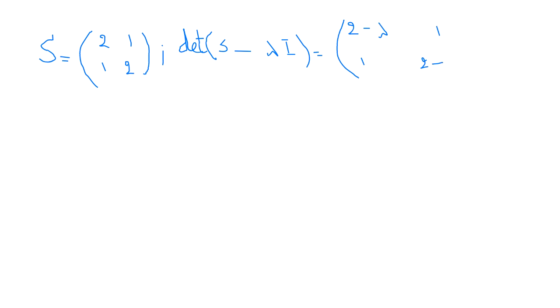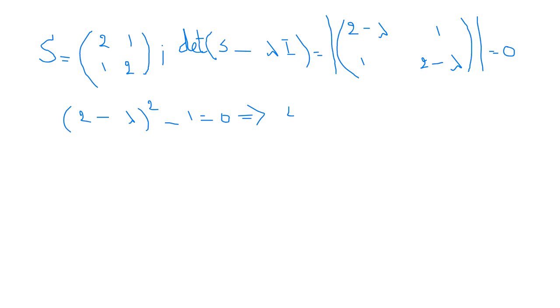This is the matrix for which we're trying to compute the determinant equal to 0. If you take the determinant here, for sure you get (2 minus lambda) squared minus 1 equals 0, which means you should have 4 minus 4 lambda plus lambda squared minus 1 equal to 0.